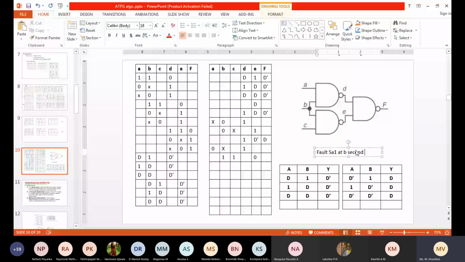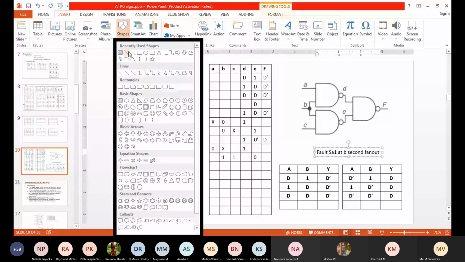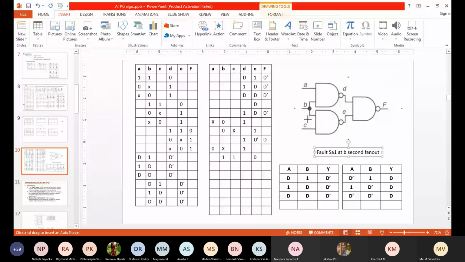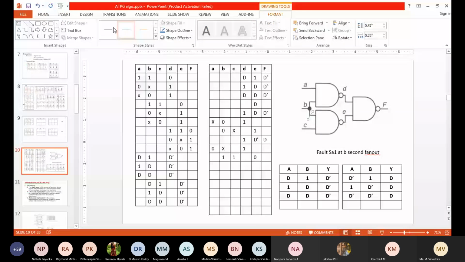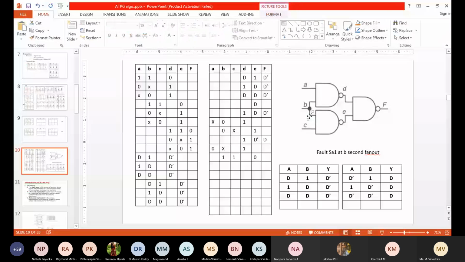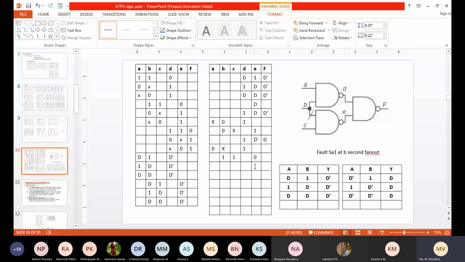Stuck at 1 fault at B, B second fan out. That means a stuck at 1 fault at primary input B, second fan out. That means here, this point. See, this point is a fault. Solve it. And let me also solve here.